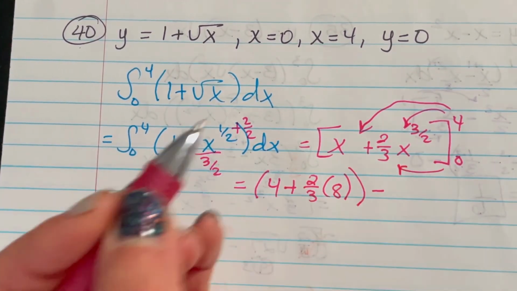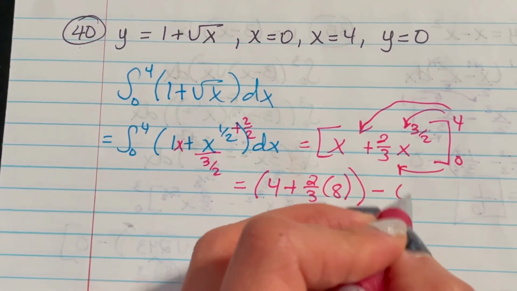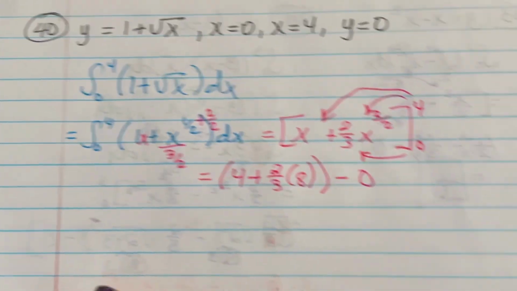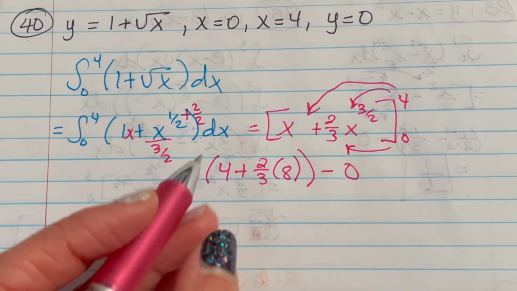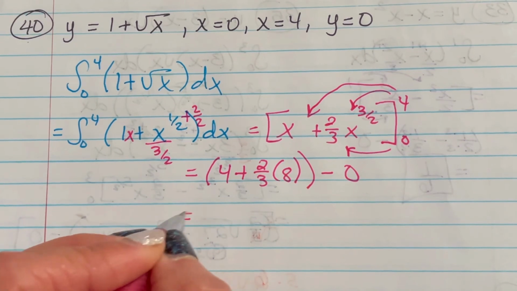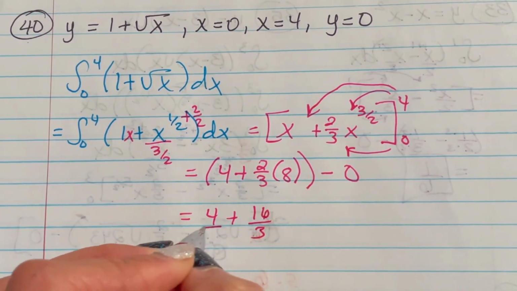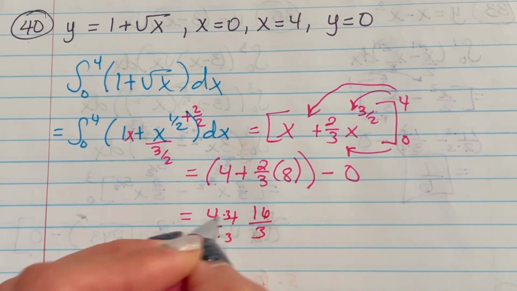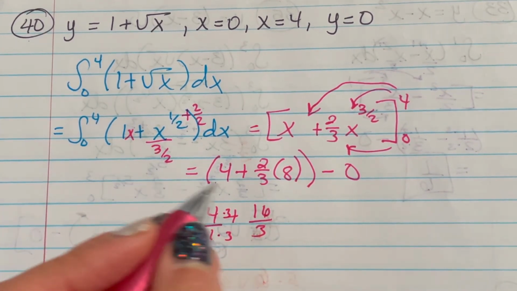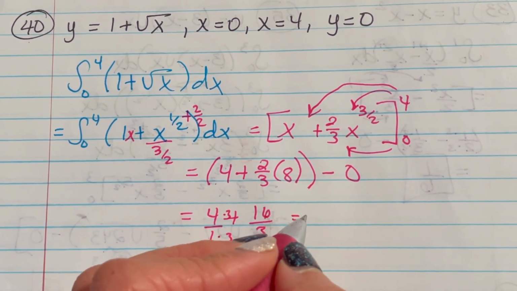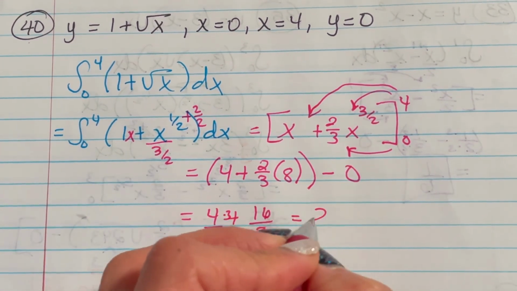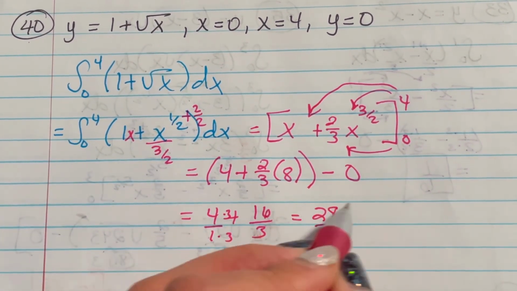Minus, when we plug in a 0 to both parts, it's just going to be 0. Don't you love it when that happens? I like seeing a 0. All right, this will be 4 plus 2 times 8 is 16/3. Got to get a common denominator. 12 plus 16 is what, 28? So this will be 28/3.